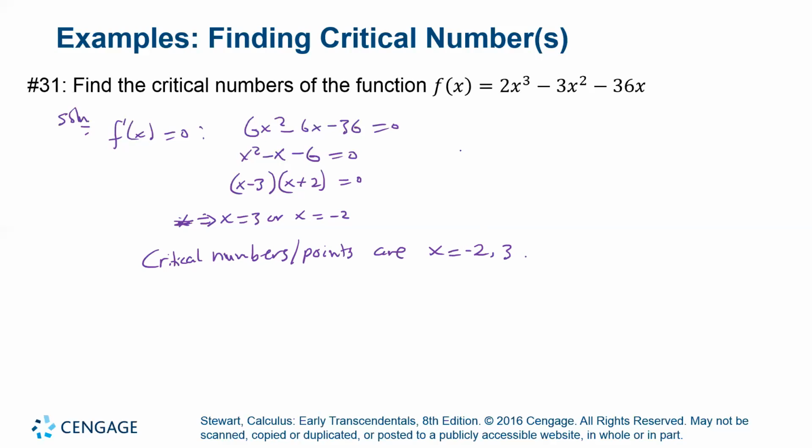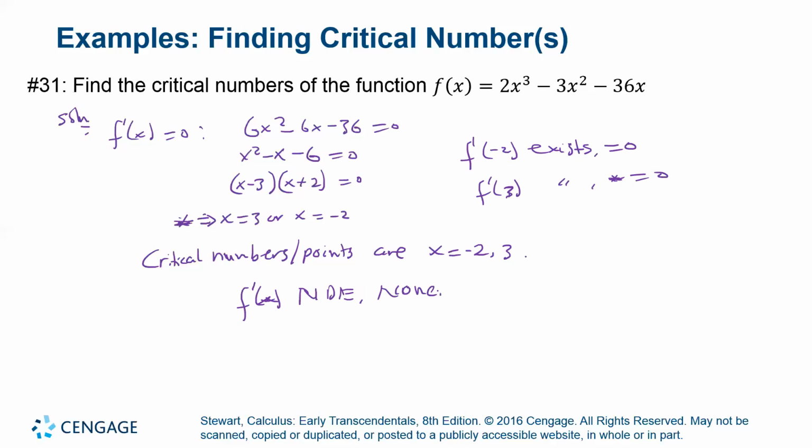Well, here we know that f prime of x at -2 exists and is equal to 0. And then f prime at 3 also exists and is also equal to 0. Now, is there anywhere this function's derivative does not exist? No, there's none like that.